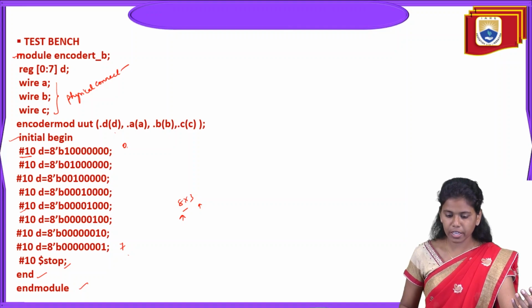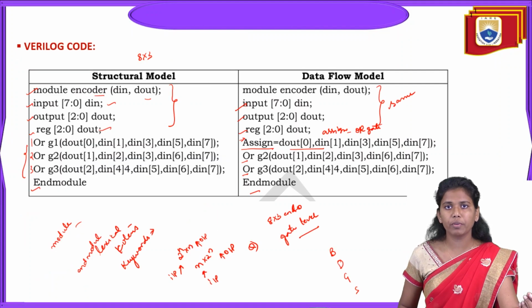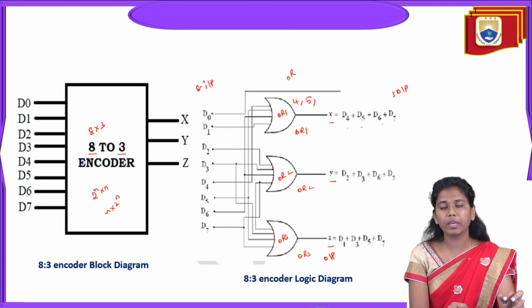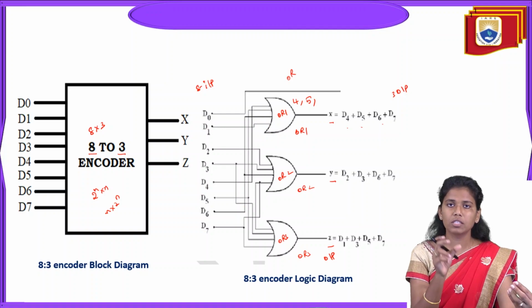For each and every one, sometimes we may be asked to write our Verilog program in terms of structural form, or in terms of data flow modeling, right? Sometimes we may be asked to write our code in terms of behavioral modeling as well, or in terms of switch level modeling. If you're asked to write in terms of gate level modeling, the simple thing is to first define what the model is.